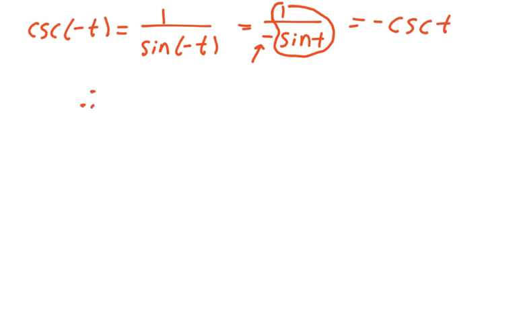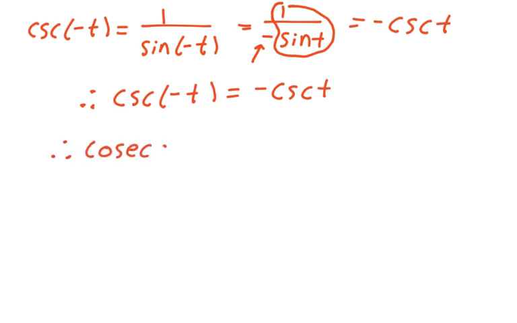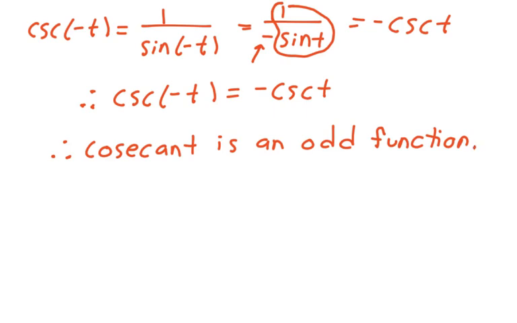And so what that says is cosecant of negative t is negative cosecant t. And what that then tells me is cosecant is an odd function. So they all work like that. Okay? Now, I want to describe a relationship here.